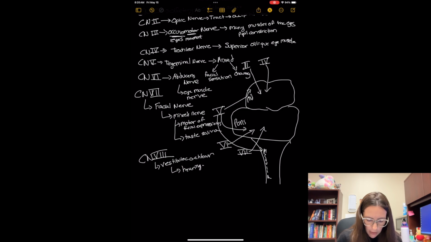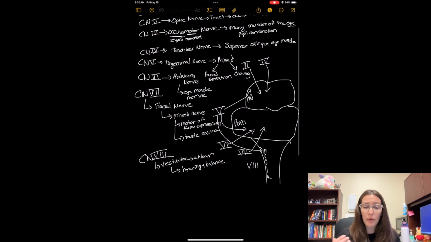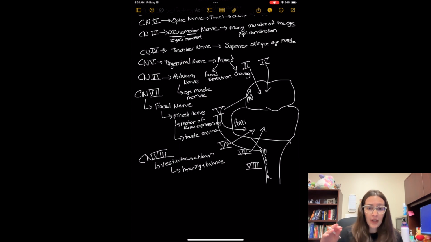If you've ever heard of your inner ear, we have balance, proprioception coming from our inner ear. The vestibulocochlear nerve picks up on that. And then because it's already in your ear, it's also going to be associated with hearing. Because of its combination of hearing and balance, it's going to be in both the pons and the medulla.